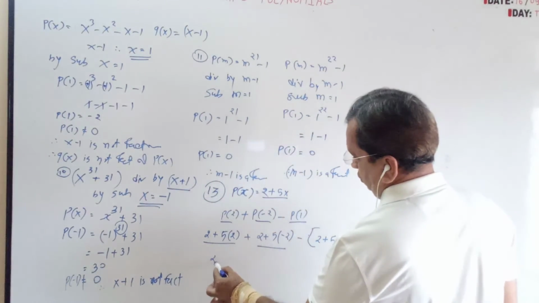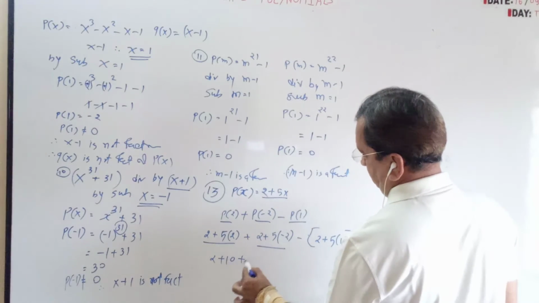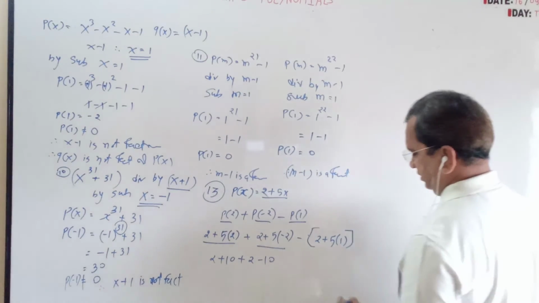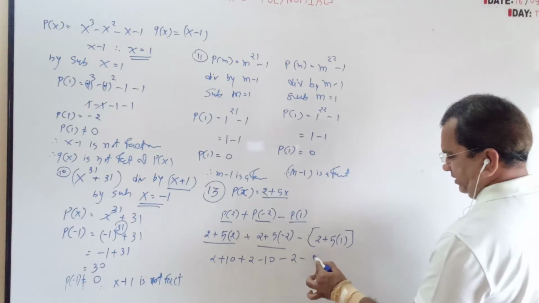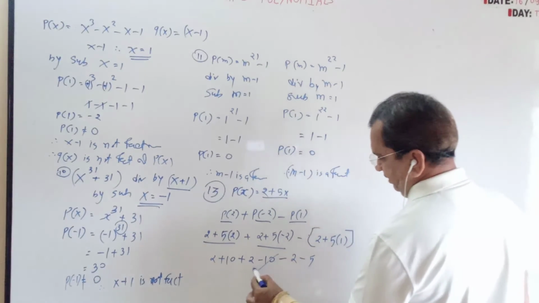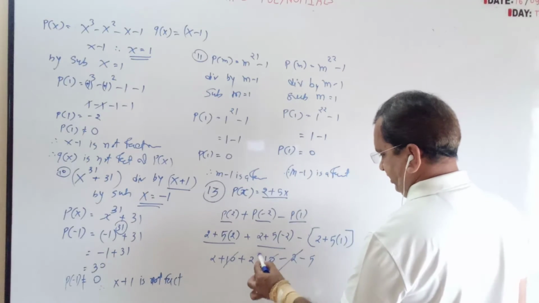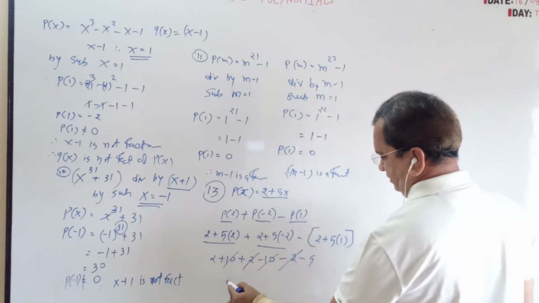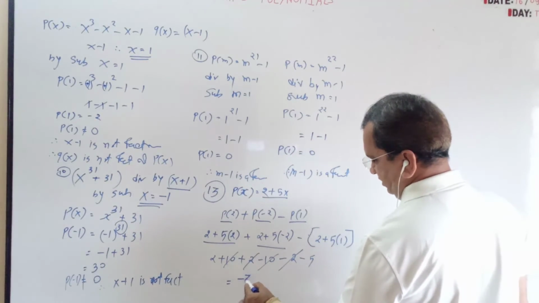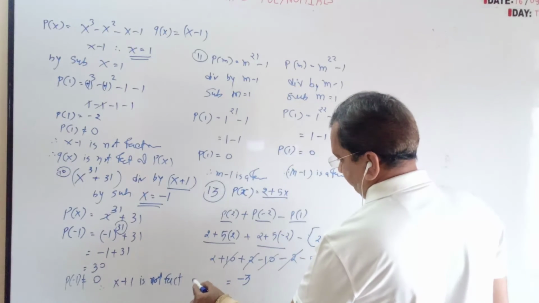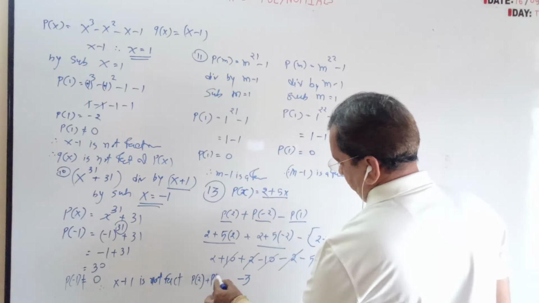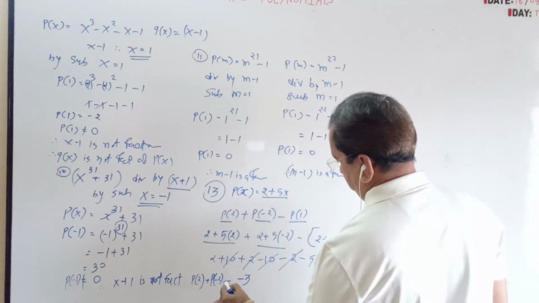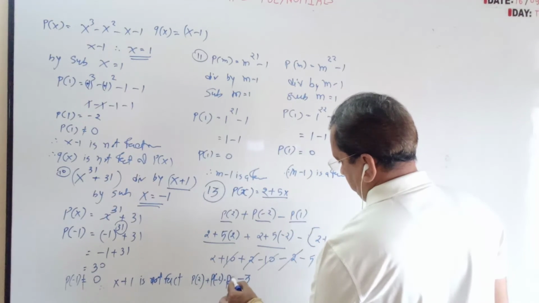So 2 plus 10, 2 minus 10, open the bracket, minus 2, open the bracket, minus 5. 10 minus 10 is 0, 2 minus 2 is 0, 5 minus 2 minus 5, minus 3 is the answer. That is P of 2, P of minus 2, P of 1.